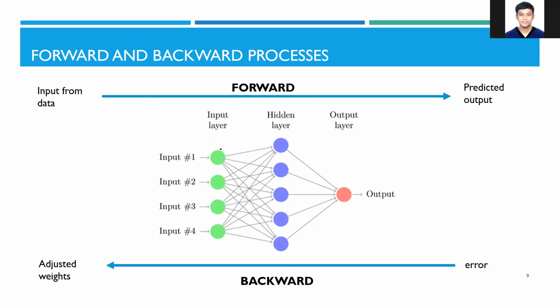After the input layer receives all the inputs, it will transform them into the hidden layer. Of course, don't forget, each node has an activation function. So each node has an activation function.